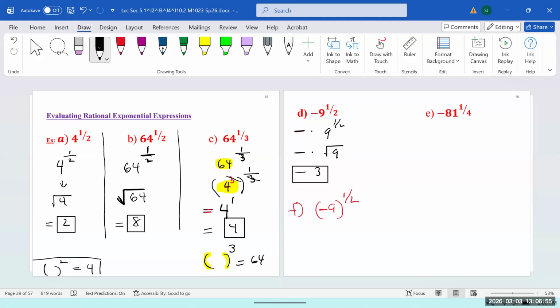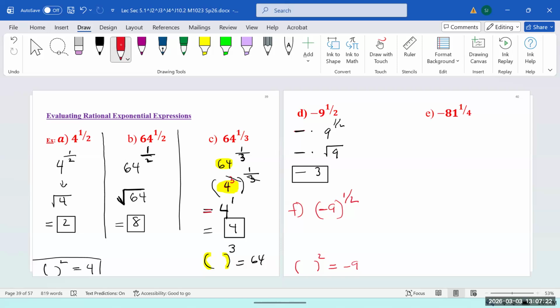However, the bottom one says the entire negative 9 is your base. So find a number. What number, when you multiply 2 times, the result is negative 9? This is what they're asking. What number square gives you negative 9? 3 square is positive.